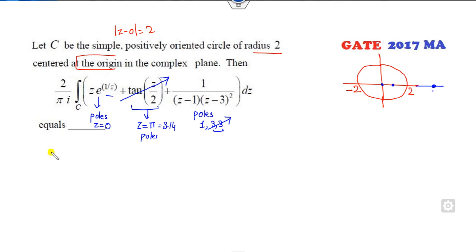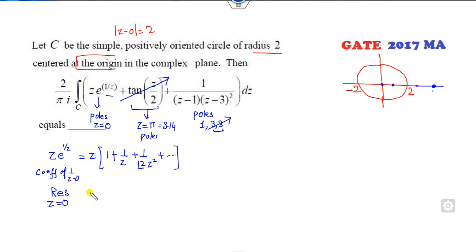So what is the pole of this? At z is equal to 0, I can find the coefficient of 1 over z minus 0. So I can expand this. What is the exponential series? 1 plus x plus x square by 2 and so on. What is the coefficient of this? So what is the residue at z is equal to 0?